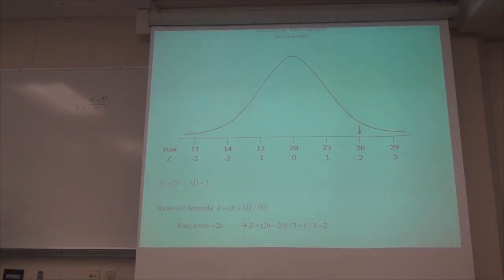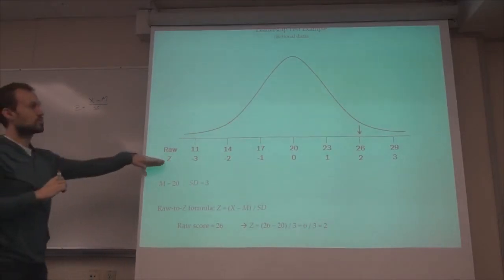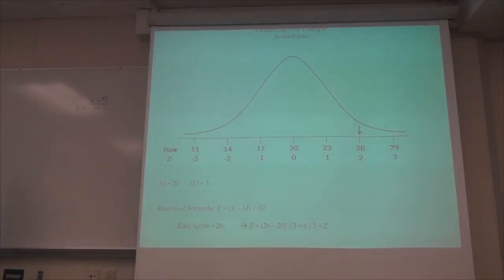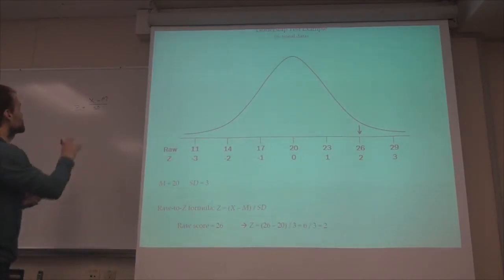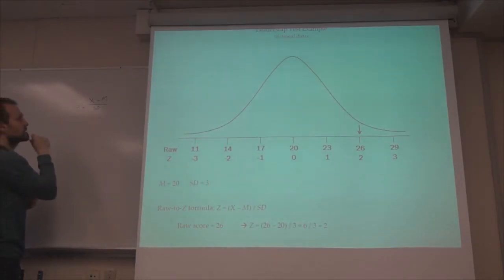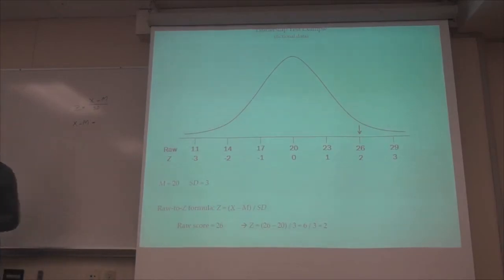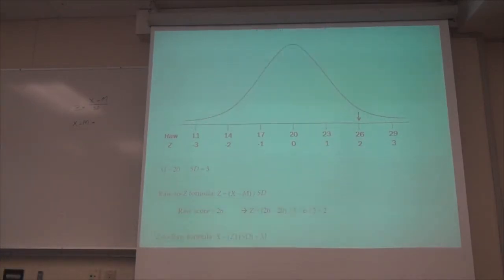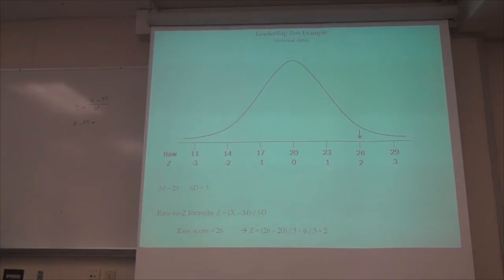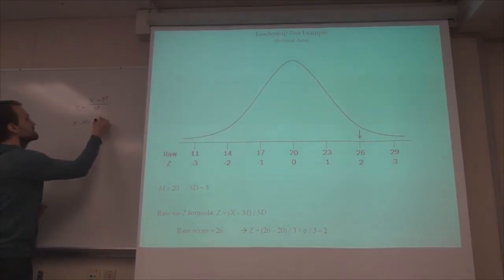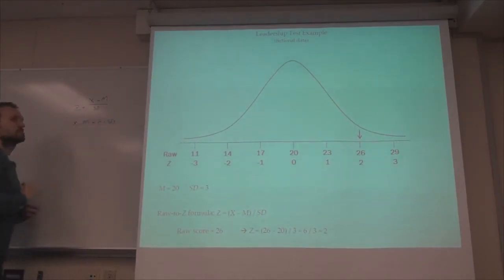What if I have the reverse? Given a Z score, what is the corresponding raw score value? So I just have to shuffle these things around a little bit. From this I can multiply both sides by the standard deviation to get X minus the mean equal to Z times the standard deviation.